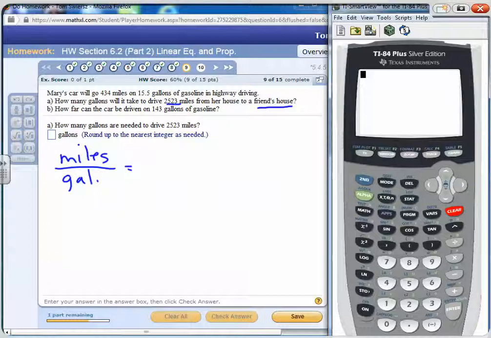Okay, so what are we given? In the highway trip, 434 miles on 15.5 gallons. This time the trip is going to be 2,523 miles, the number of miles, and we want to know how many gallons.